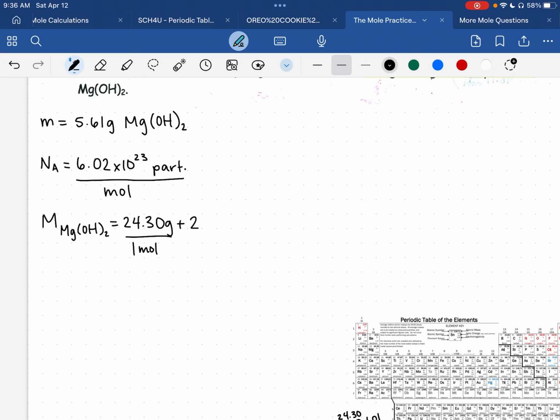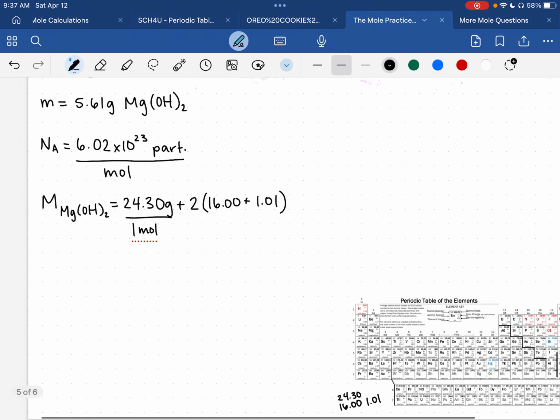So I can just do 2 times 16.00 plus 1.01 grams. They're both in grams per mole, by the way. I should probably write them in, but I'm running out of space here.